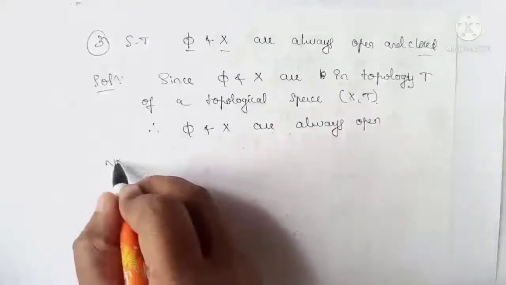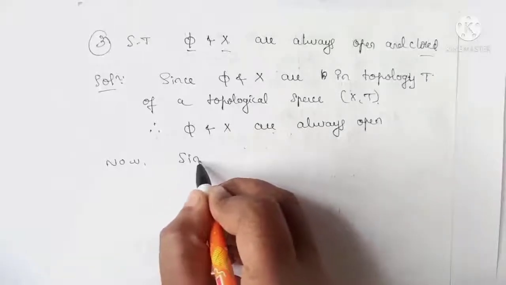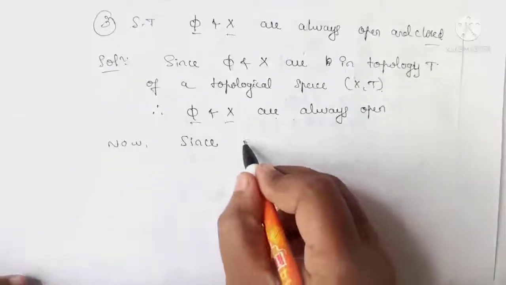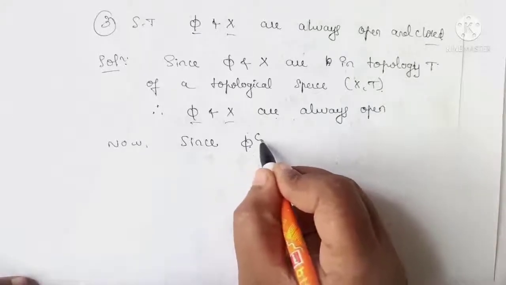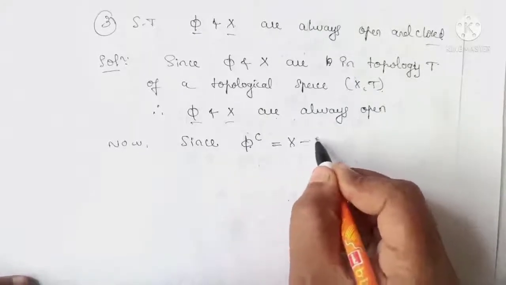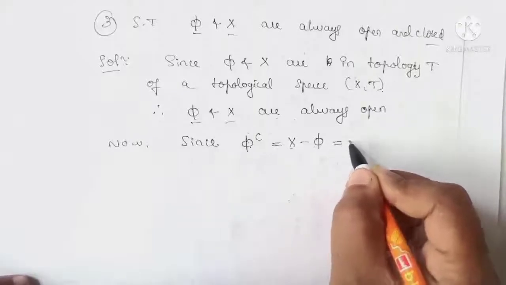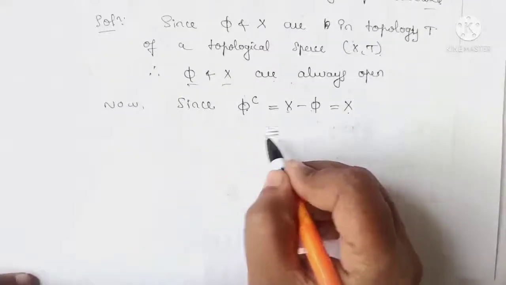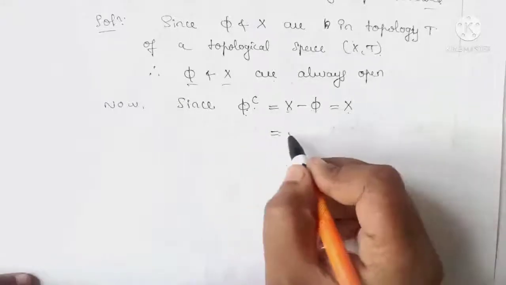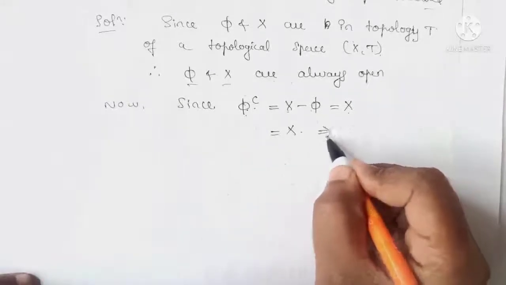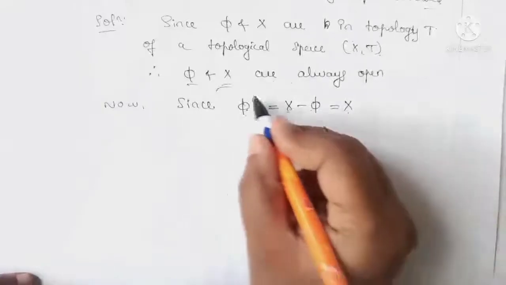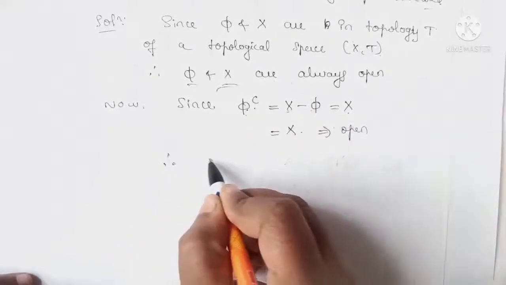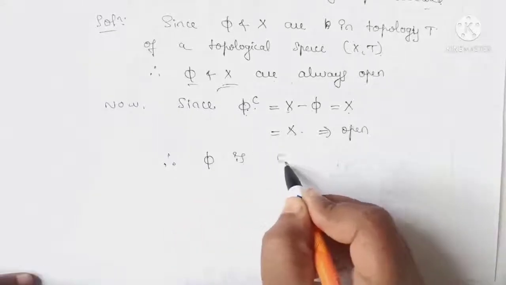Now we take the complement of these two sets. The complement of phi is X minus phi, so if you substitute you will get X. Therefore the complement of phi is X, which we have already proved is open, so we can say that phi is closed.